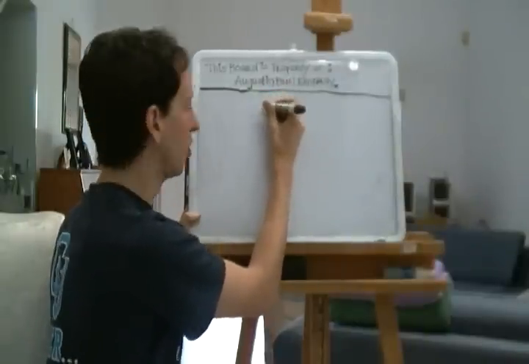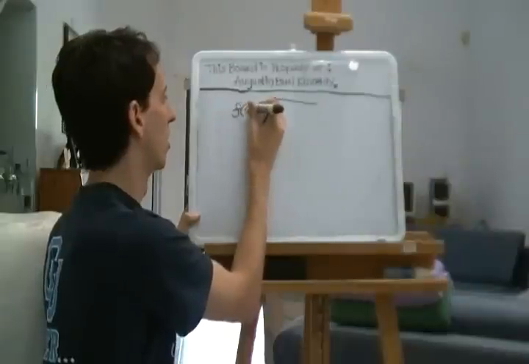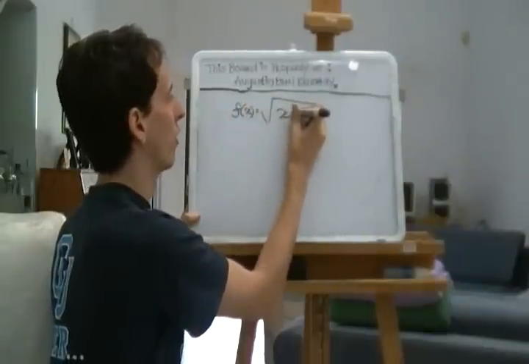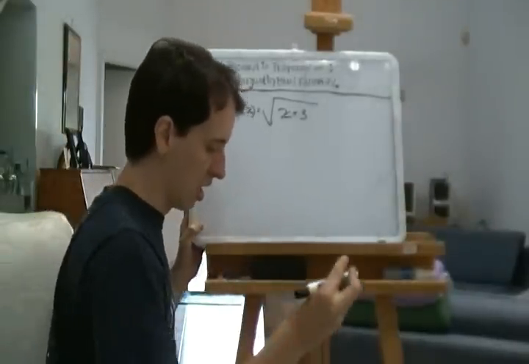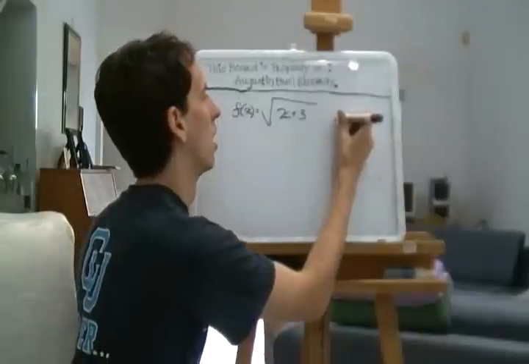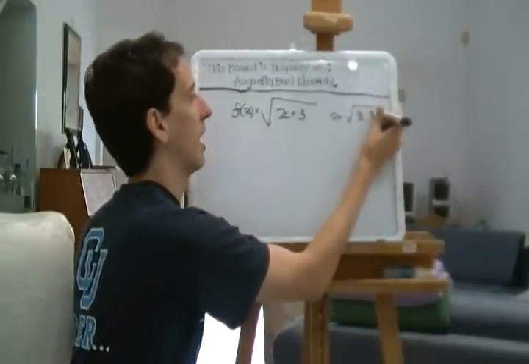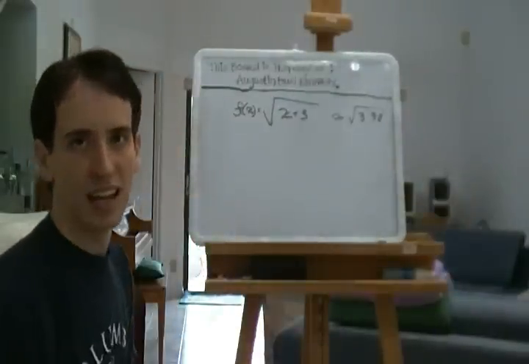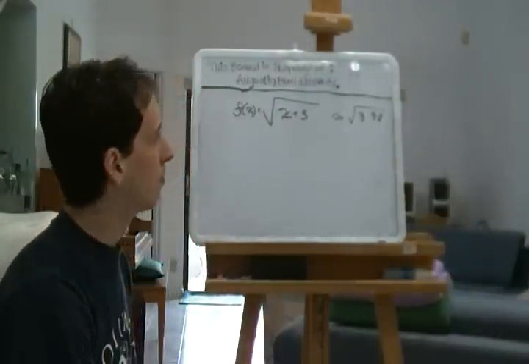We want to find the linearization of f of x, which is the square root of x plus 3. And we're going to use that linearization to approximate the square root of 3.98. That looks terrifying, but it's not going to be that hard.